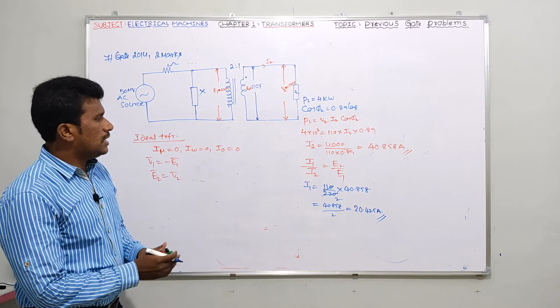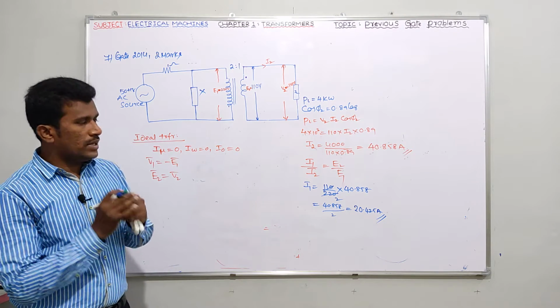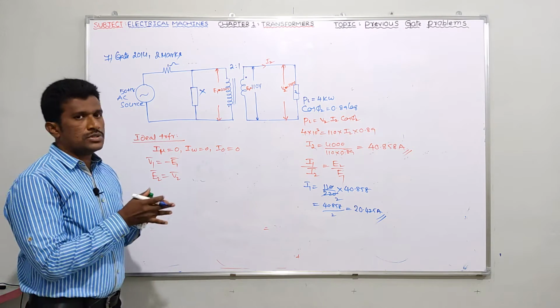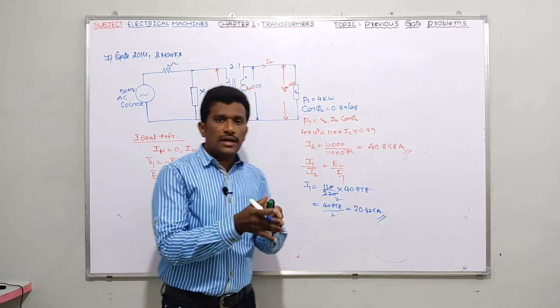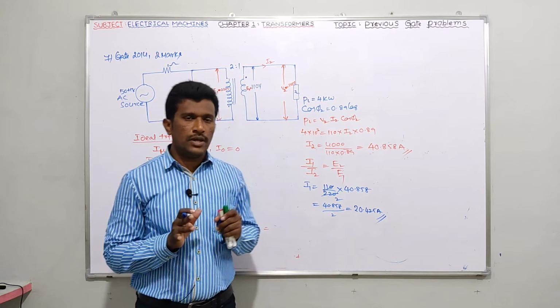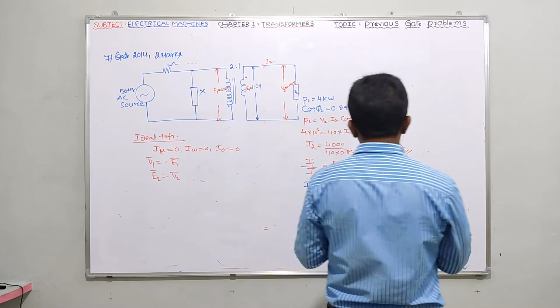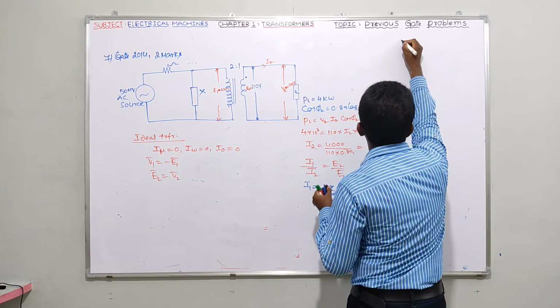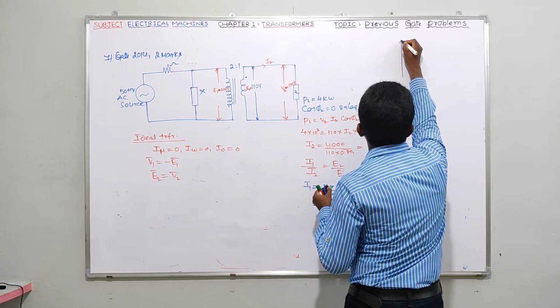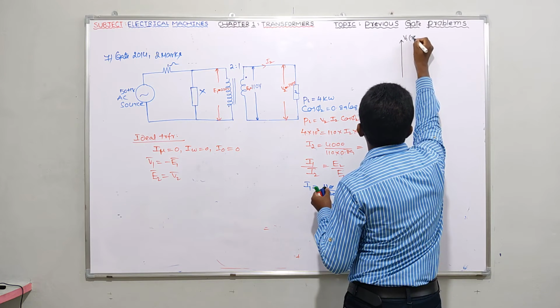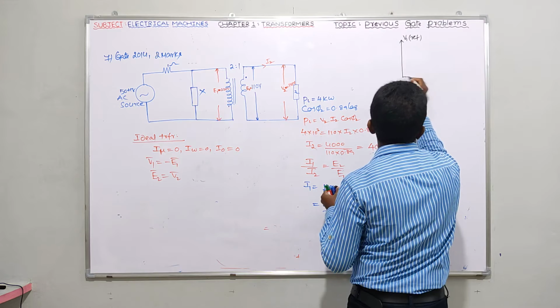Now let us see, guys. My simple question, let me approach it using a vector diagram. It will be better. First of all, tell me, if I take voltage V1 as reference, after how many degrees will your I_mu come into picture? After 90 degrees.